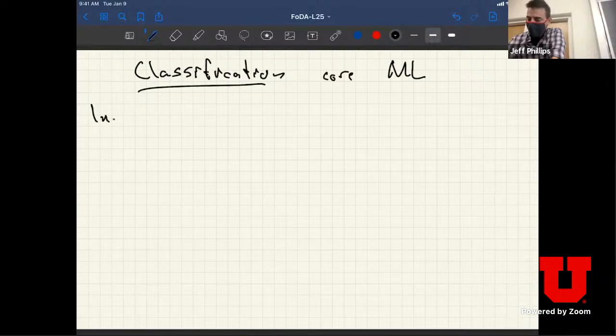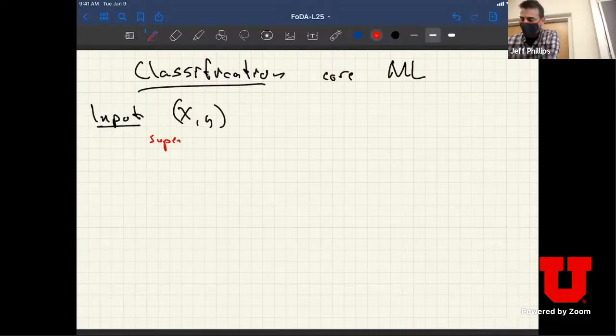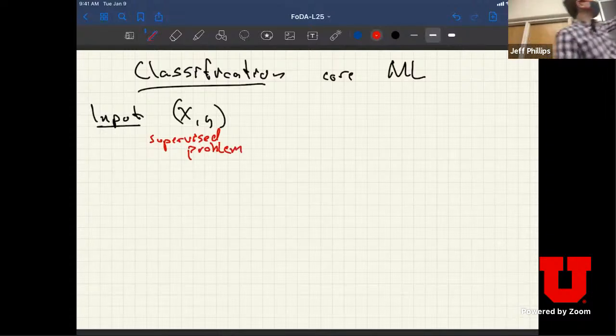And it's going to be taking as an input X and Y, right? So this is going to be a supervised problem where we're going to try and learn a function on the X variables and predict the Y variables, like regression here, right?